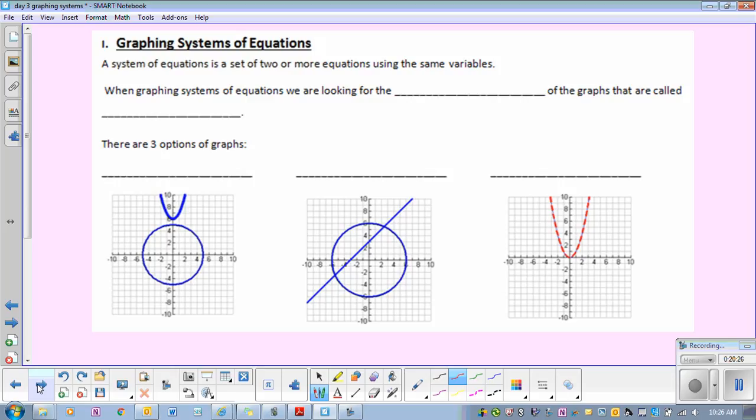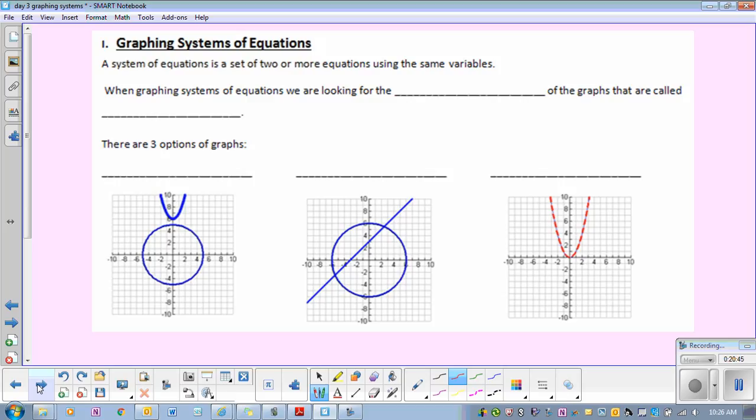Okay. So now let's look at graphing systems of equations. All right, so here's the thing. Whenever I say a system of equations, it means that we have a set. For one problem, we have 2 or more equations. Okay?